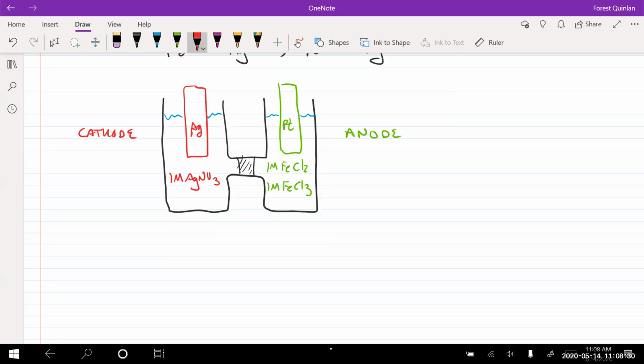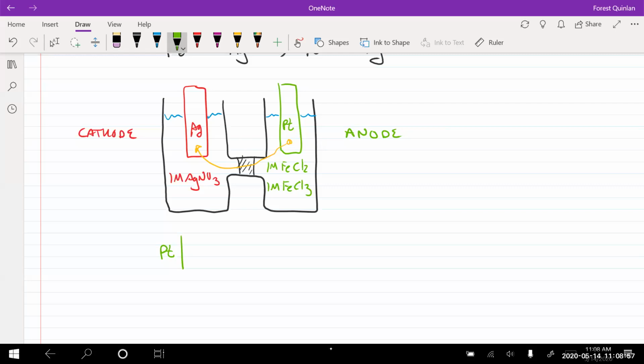So again, we're going to go from the platinum to the silver, going from the anode to the cathode. So we start with our electrode. That anode is platinum. The next thing we'd see, are there any solids or gases?